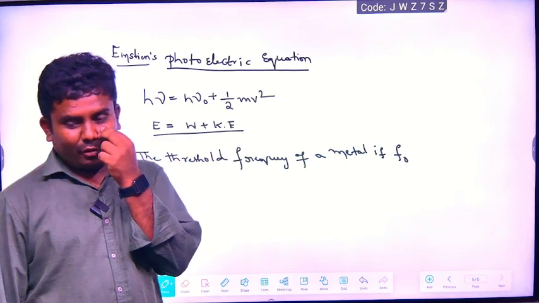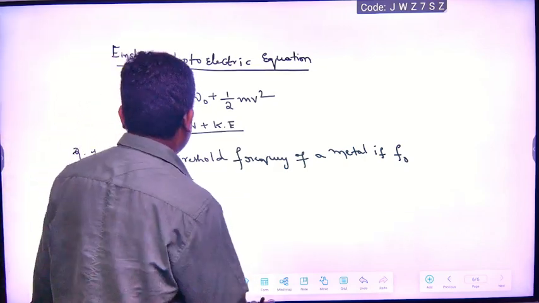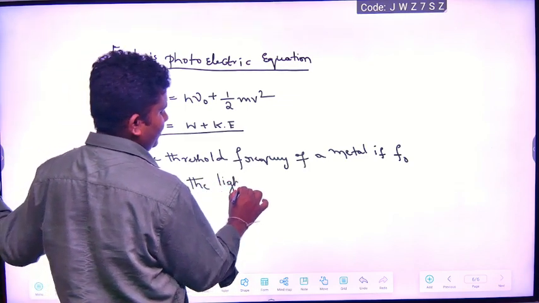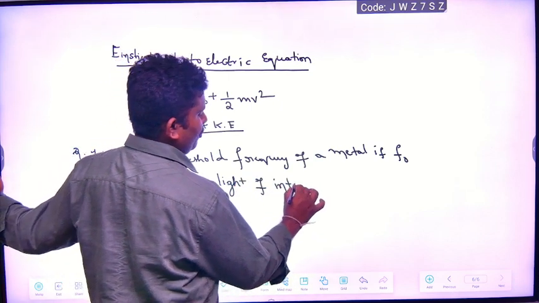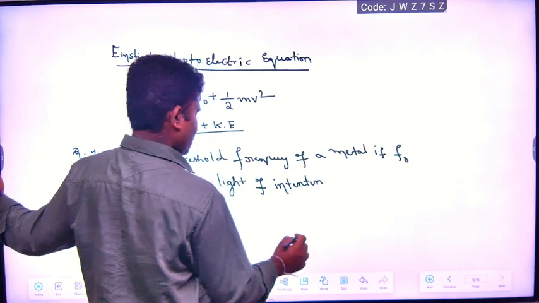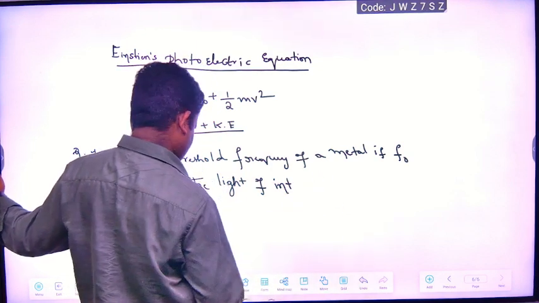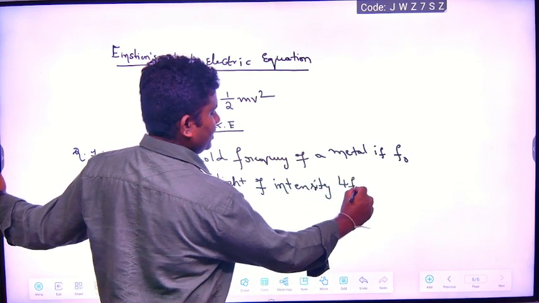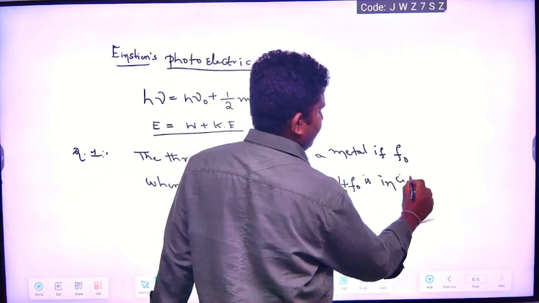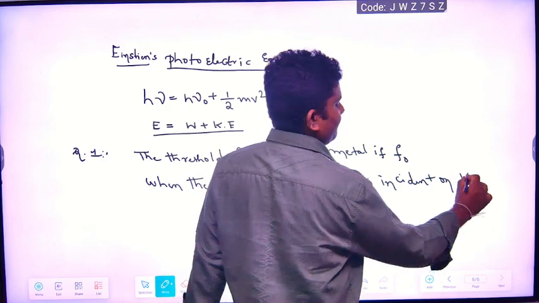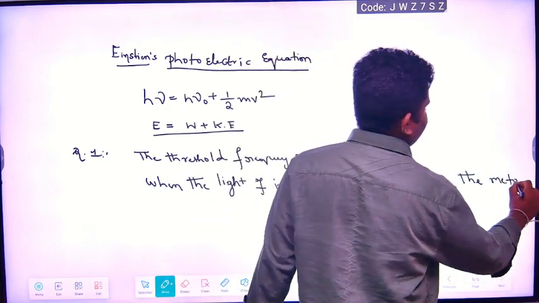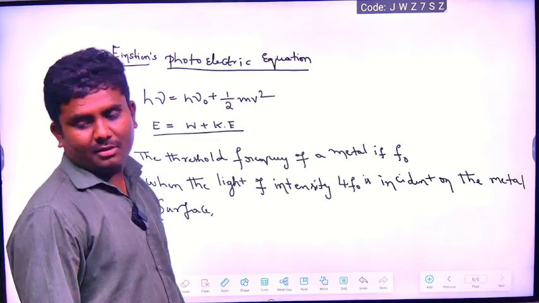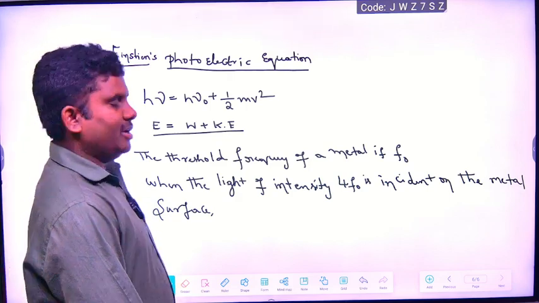When light of frequency 4f naught is incident on the metal surface, then what is the maximum kinetic energy of the emitted photoelectrons?